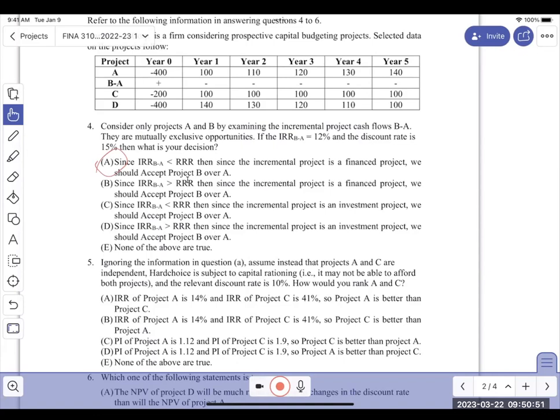So it says don't use the information. In the question above, it's referring to the information on the internal rate of return. Assume instead A and C, so you're not going to care about A and B right now, you're going to care about A and C. And you're going to calculate the IRR.